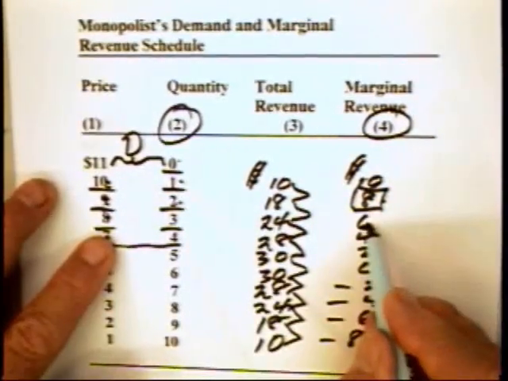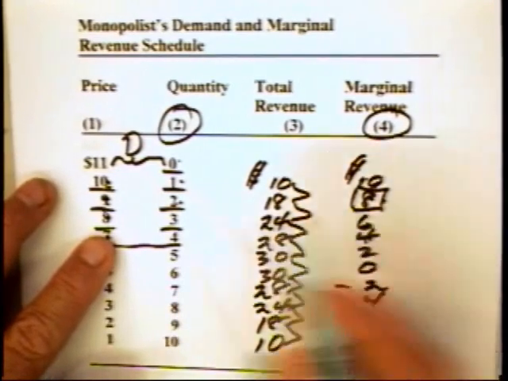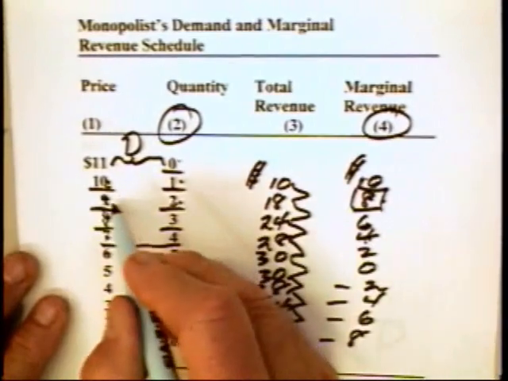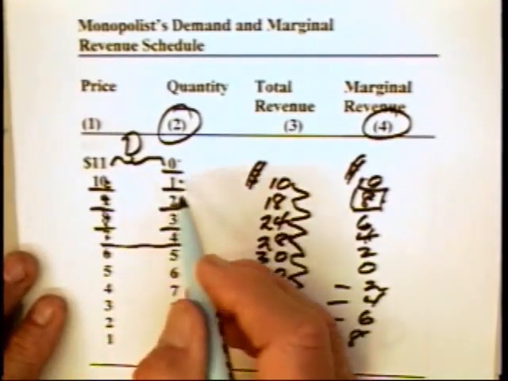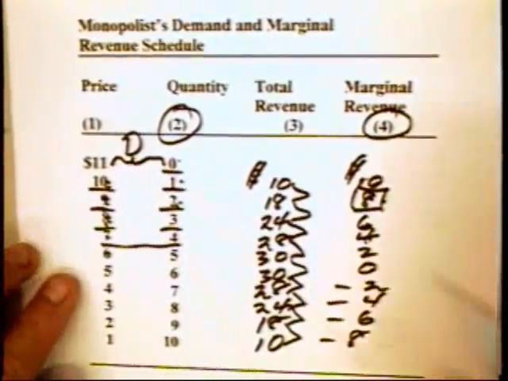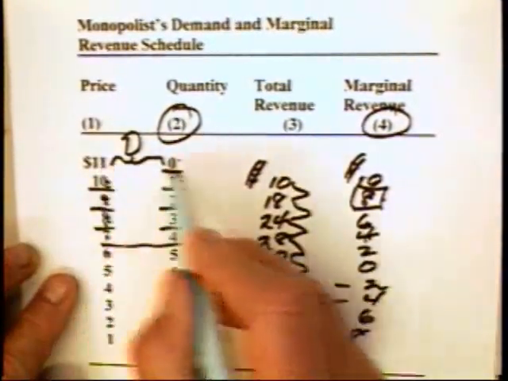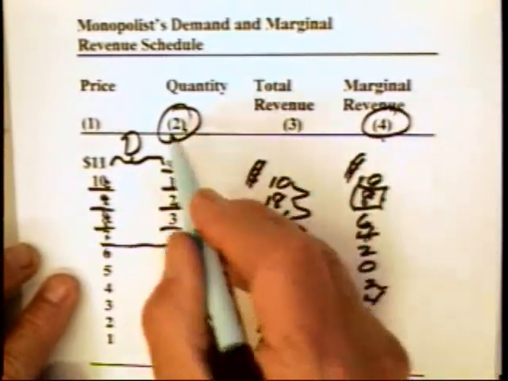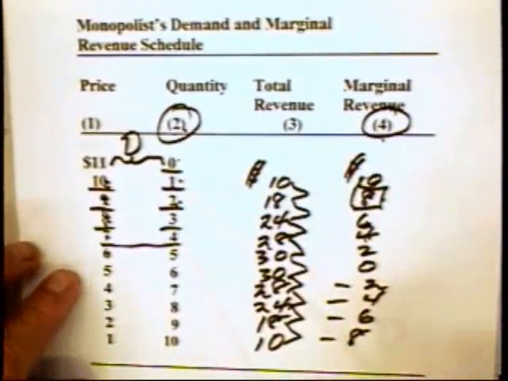The marginal revenue on the third unit is going to be $6, because we sell the third unit for $8, but we lose $1 on each of the first 2 units, and so 8 minus 2 gives you 6, and so on down the line. Anyway, what we want to do is plot these 2 columns to get the demand curve, and plot these 2 columns to get the marginal revenue curve.